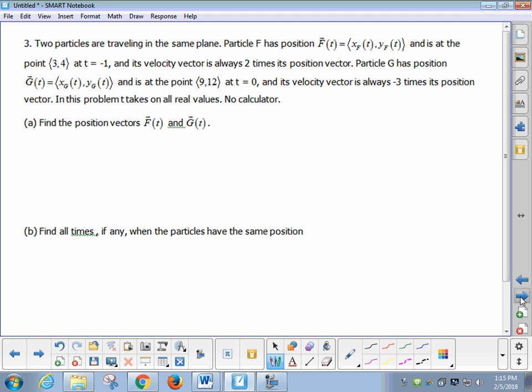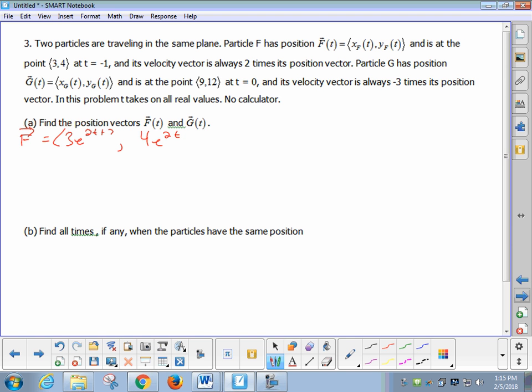This one is the hardest one. To be sure, this was from the Rogawski book. This was actually not an AP question, it was a college textbook question that I thought was good. Vector F is 3e to the 2t plus 2 and 4e to the 2t plus 2.